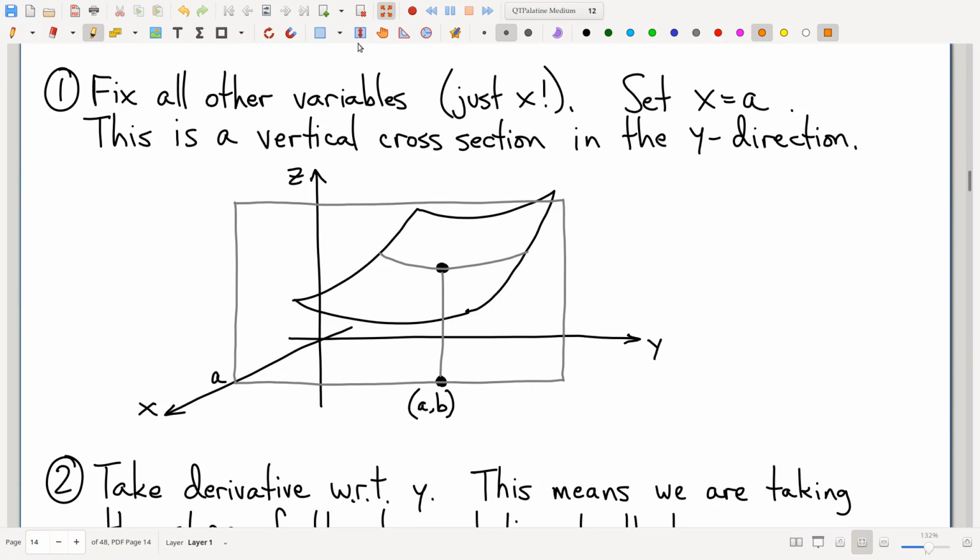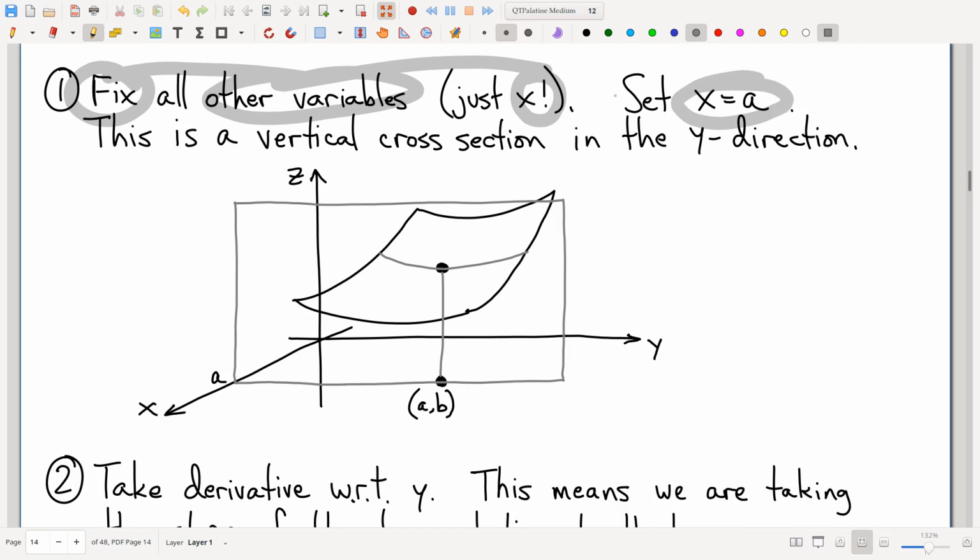Don't forget, when you're taking a partial, you fix all the other variables. Now we're taking a y partial, and that means we're going to fix the other variable, that being just x. That means x has to stay constant. Of course, it started off with value a, because we're at this point (a, b), and so fixing x as a gives us this vertical plane like so.